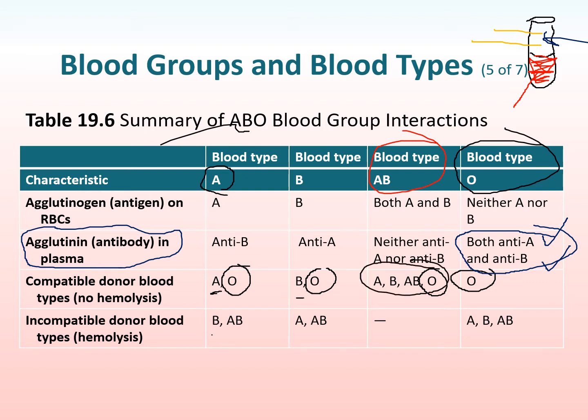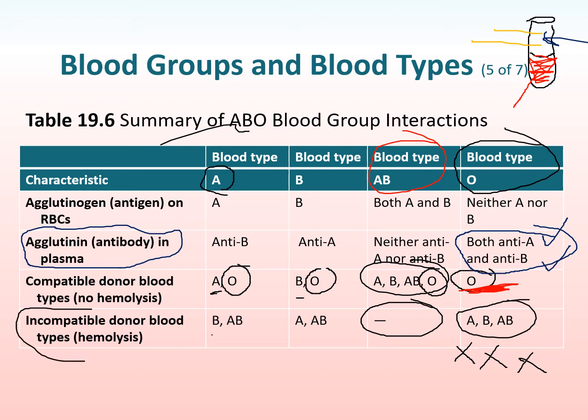They'll take anything. But blood type O will only take blood type O, even though you can give blood type O to the others. You cannot give blood type A to O. You can't give blood type B to O. You can't give blood type AB to O. But when it comes to blood type AB, if you're sick in the hospital, that's the blood type to get, because there's no restriction.